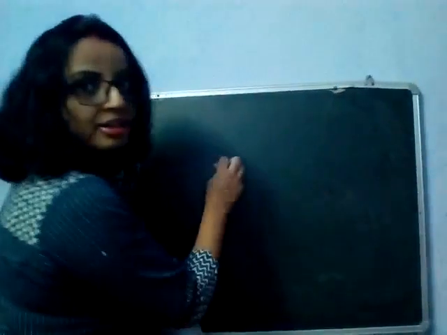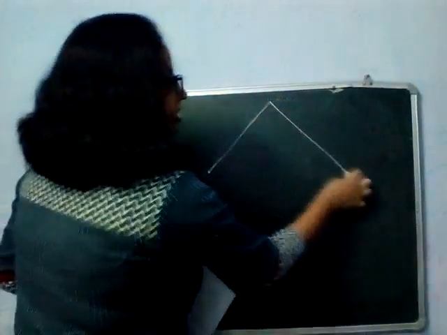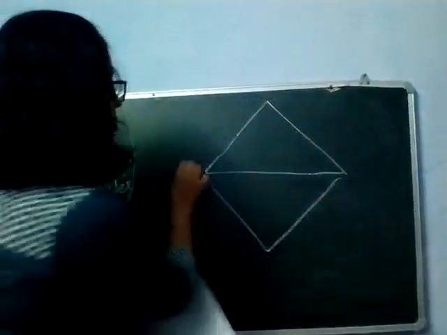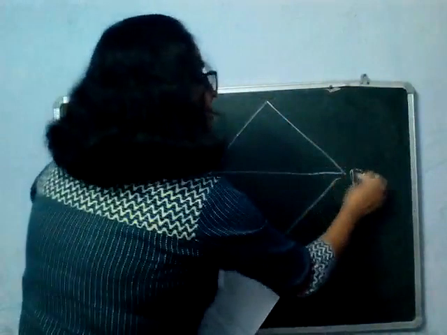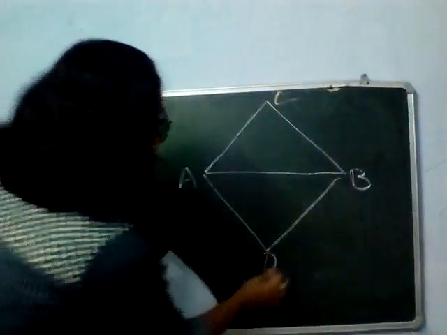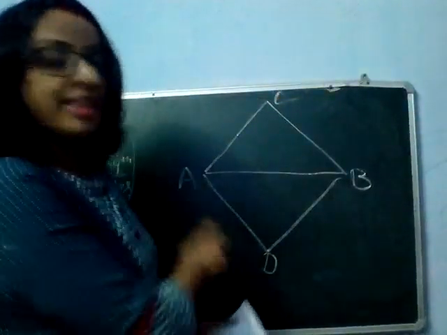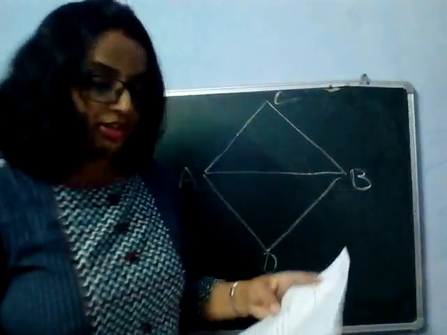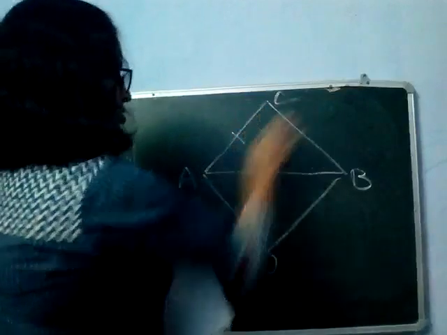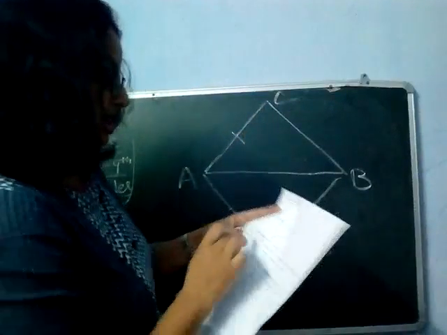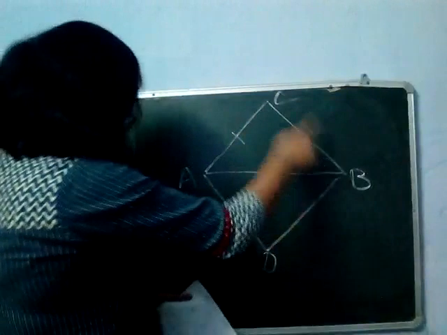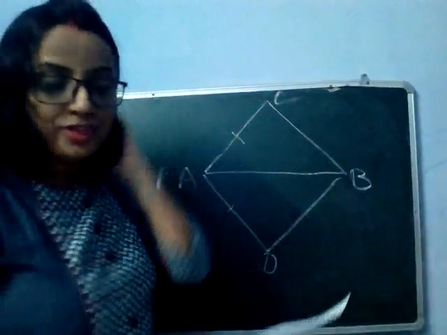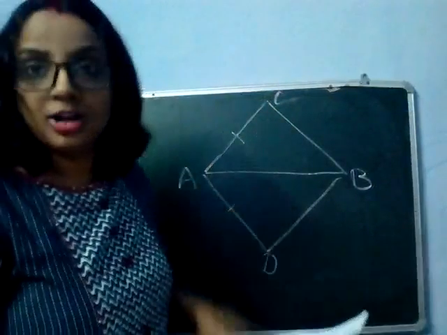In a quadrilateral ABCD, it is given that AC equals AD, and AB bisects angle A. You have to prove that these two triangles are congruent.